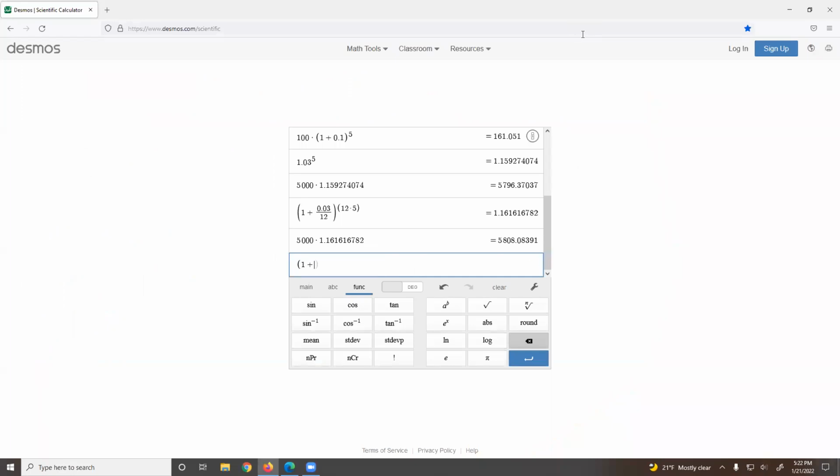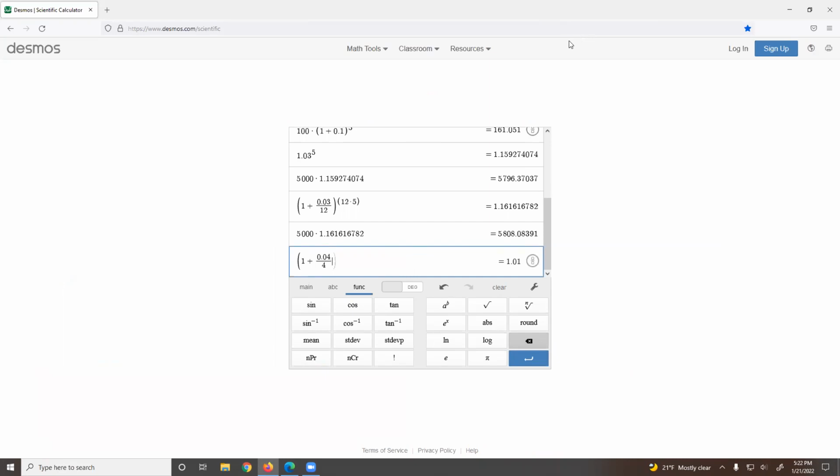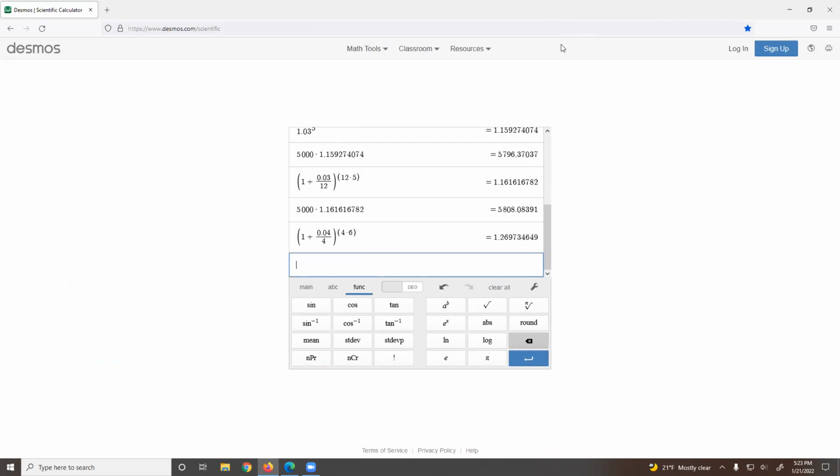So 1 plus 0.04 over 4 raised to the power of 4 times 6, or what we found, 1.01 raised to the power of 24. That's the same, just another step. 1.2697.